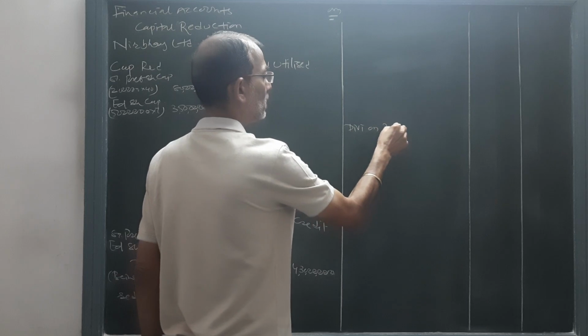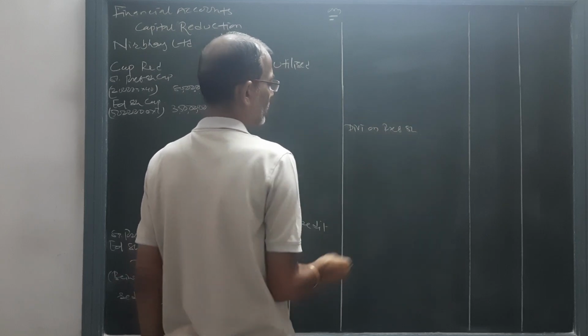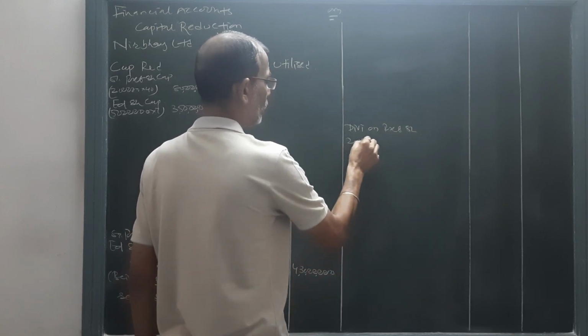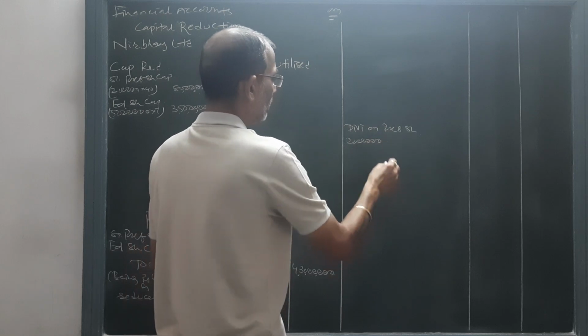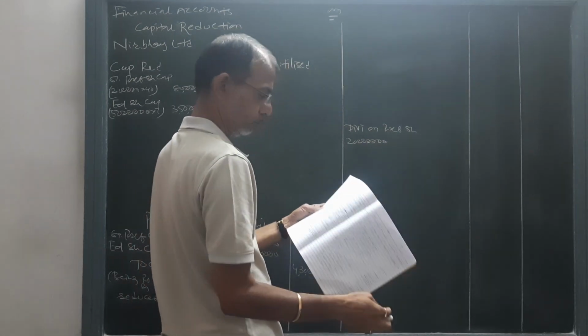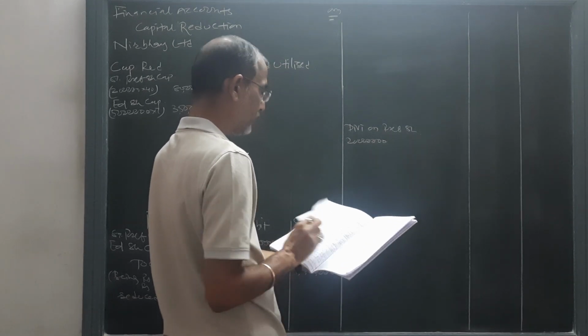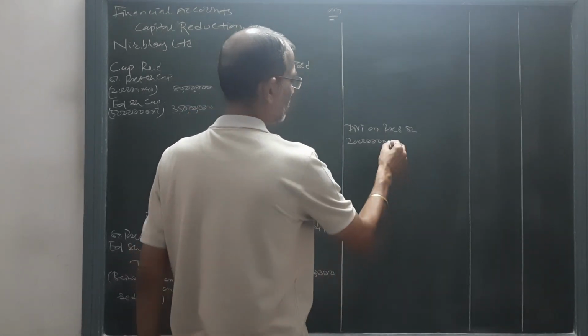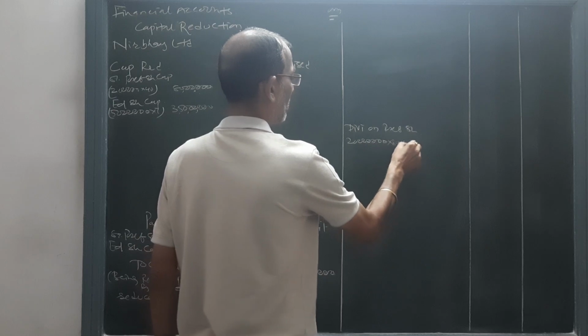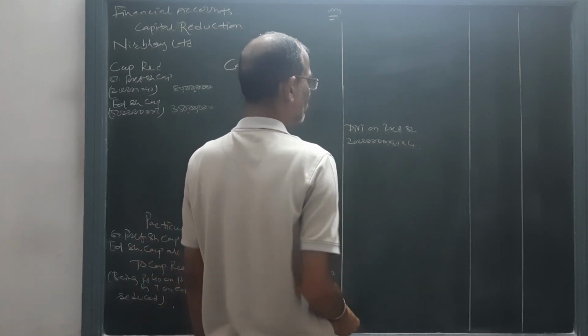dividend on preference shares. So on 2 crore, at what percentage? 8% for 4 years.